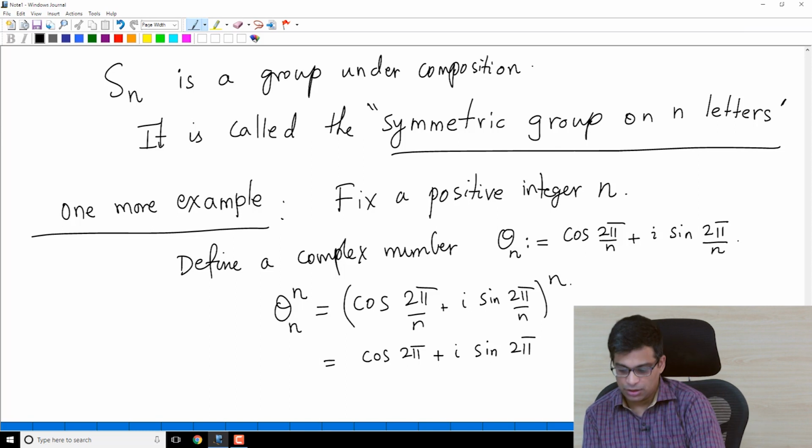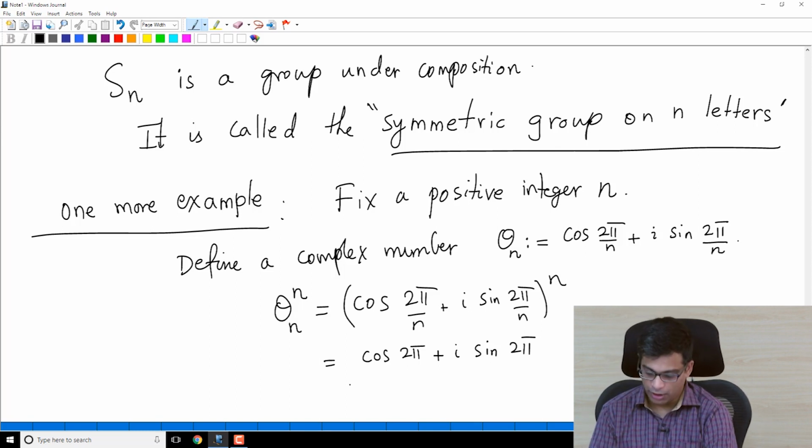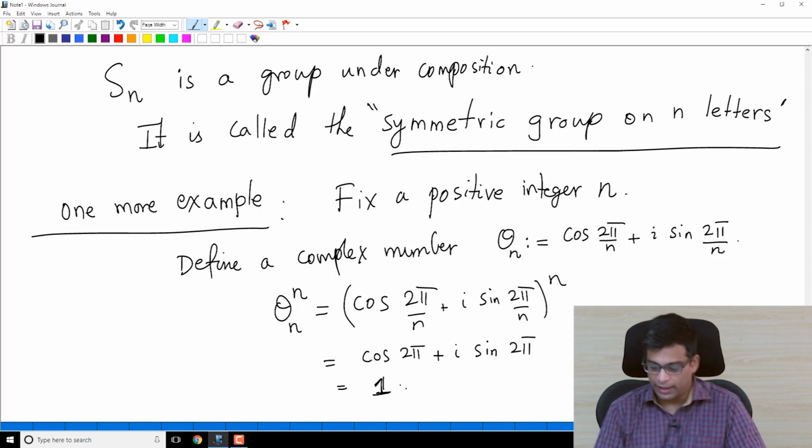So, what happens is you multiply n with this 2 pi by n, but cosine 2 pi is 1, sin 2 pi is 0. So, this is 1. Okay, so, theta n power n is 1.